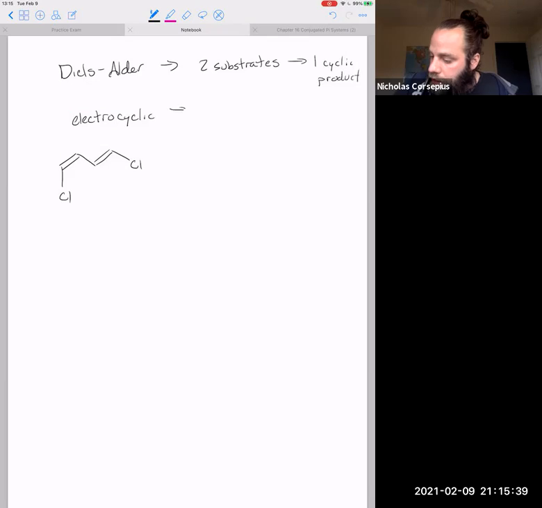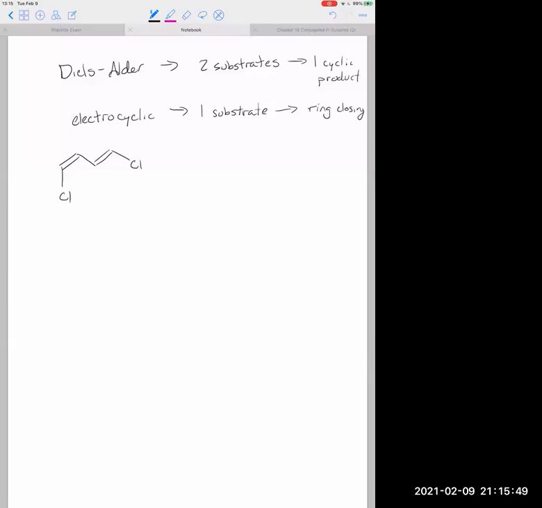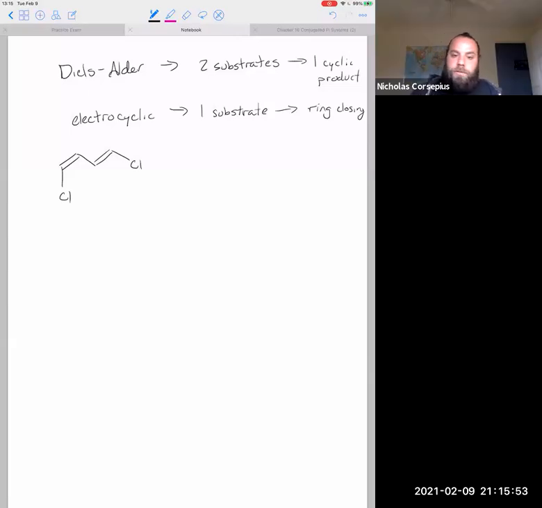The electrocyclic is when you have one substrate and you basically have a ring closing reaction. It's an intramolecular reaction, absolutely. But the first step is I got to get these double bonds to where they're in kissing distance, basically. Okay.